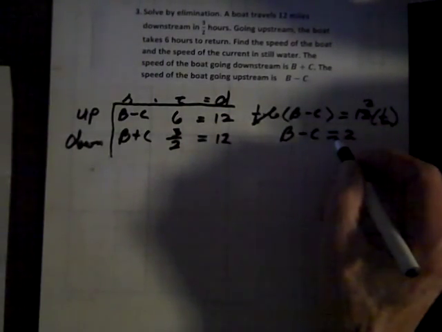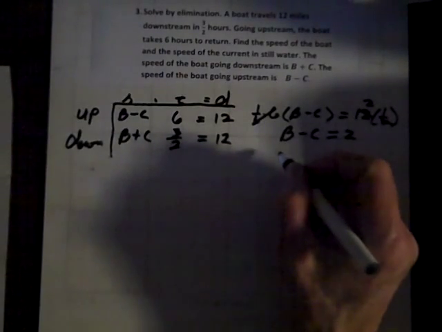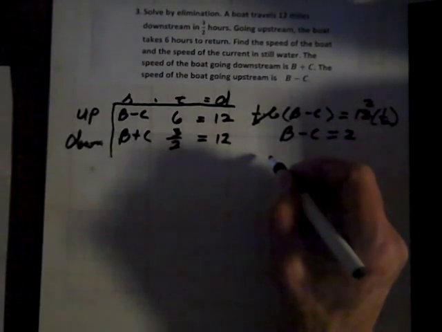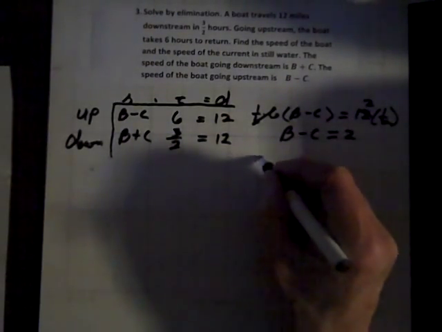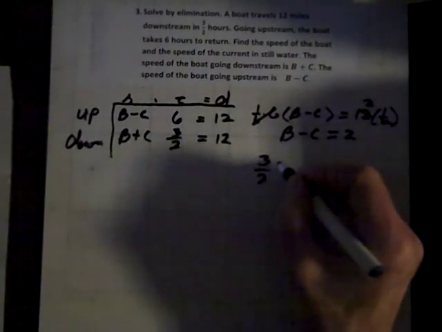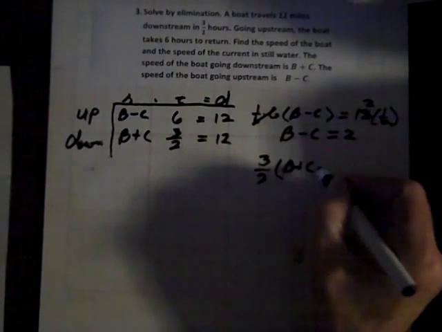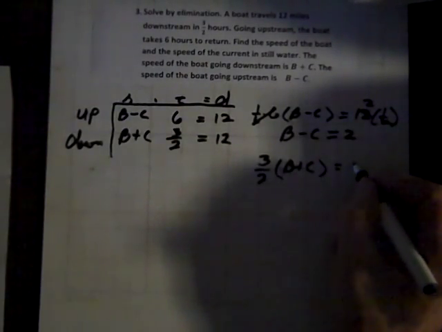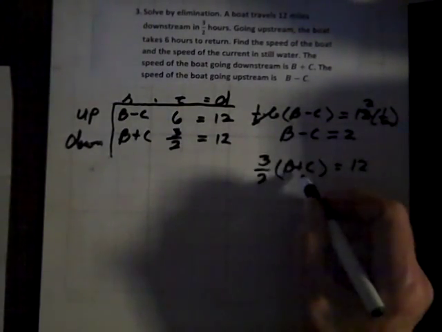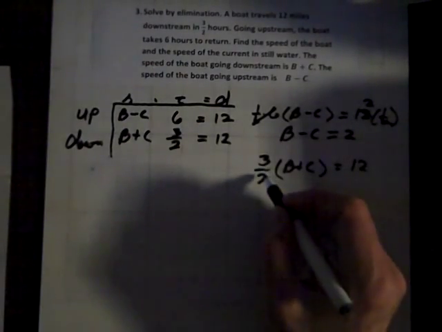Good. Now let's look at the next equation. And what we have is 3/2 times b plus c equals 12. Let's get rid of this 3/2.